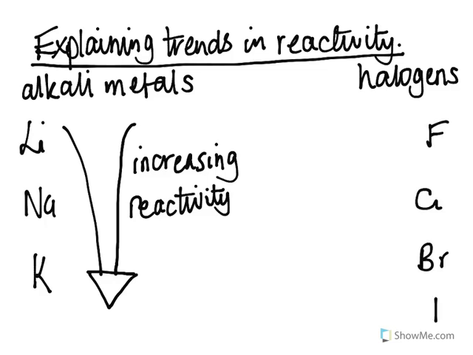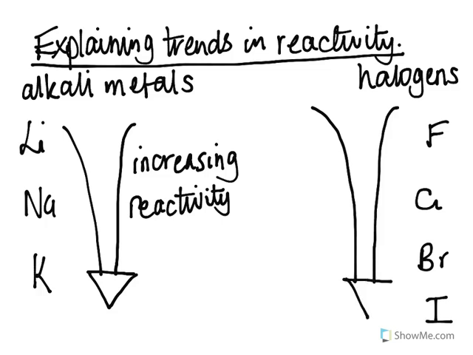And on the other side of the periodic table, we have the halogens, fluorine, chlorine, bromine and iodine. And we see that they actually do the opposite as you go down the group, in that the trend is for decreasing reactivity.